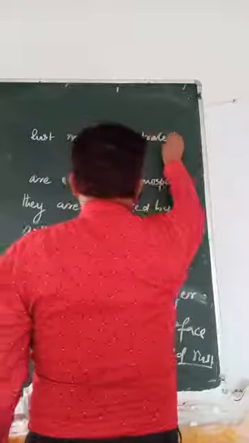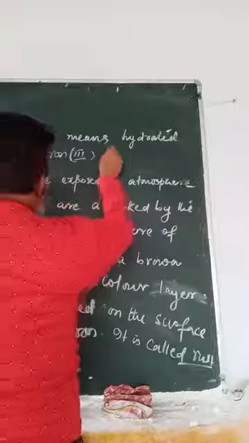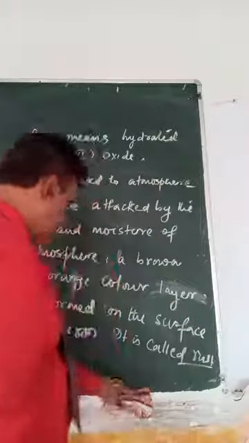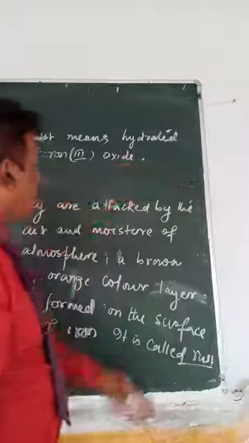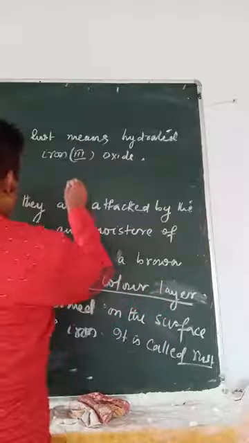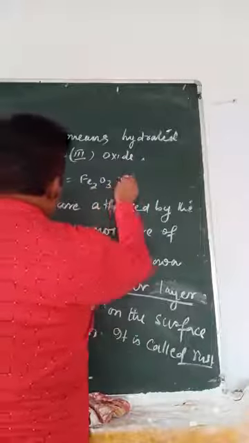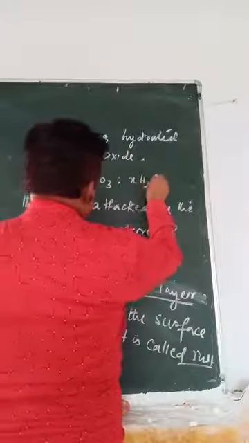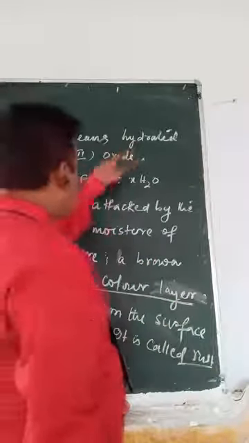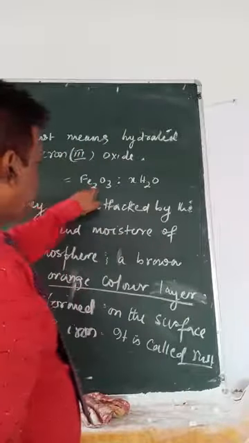Hydrated means the orange colored substance which you find, that is Fe2O3 with some amount of water. If you are asked to write the formula of rust, then you have to write this one.